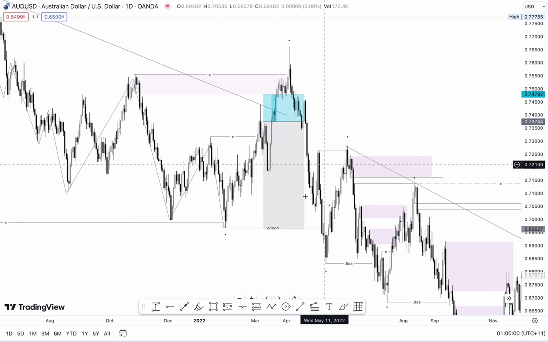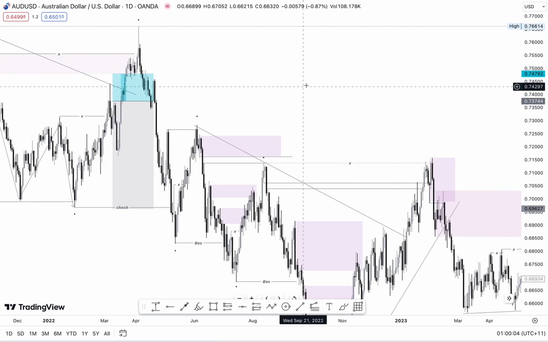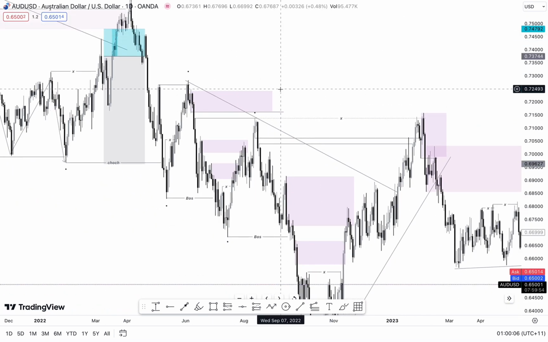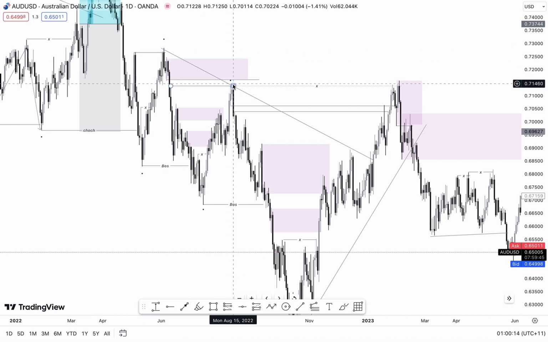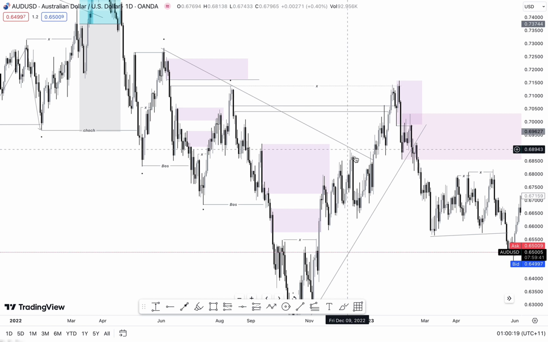So we have a break of structure here, right? We have another trend line here again. The best way to draw the trend line is from connecting two and above points in the market. So we have one, two. This is the third touch.